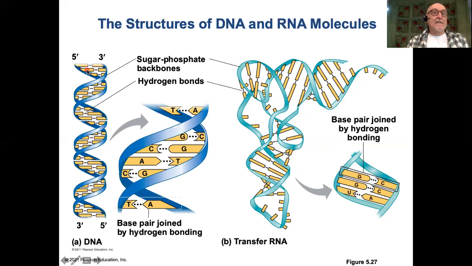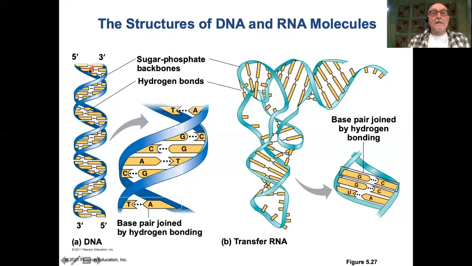So the DNA is a double helix, and you can see the orientation. Here's the 5' end of this strand, follow it all the way down, and we end up with 3' at that end, and 5', 3' on the other. They are anti-parallel.